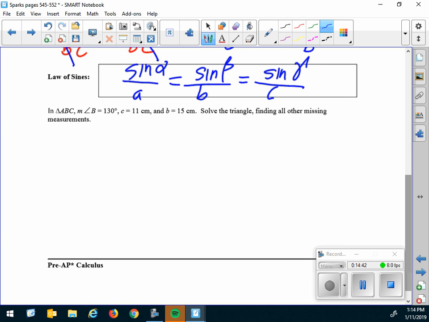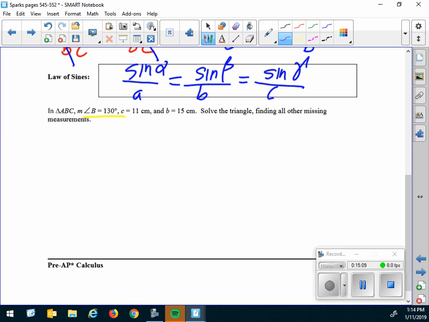In triangle ABC, the measure of angle B is 130 degrees, and then it gives you side C and side B. Solve the triangle, finding all the other missing measurements. Please, when you draw this triangle, notice that you have an obtuse angle. Please do not draw a triangle like that and put 130 degrees right there, okay? At least draw an angle that's obtuse.